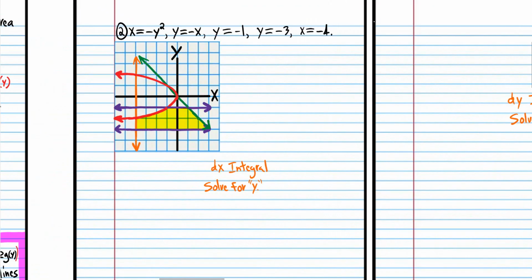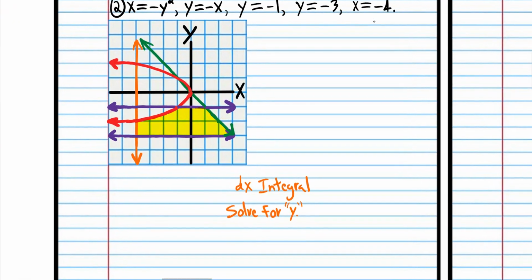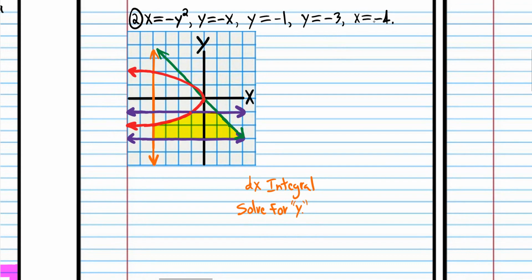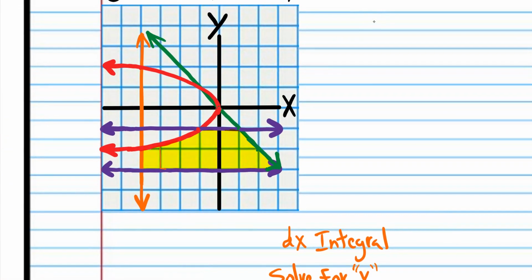So now let's try one more of these before you try one on your own. So we want to find this area, this yellow area here, enclosed by all these graphs. And when we use a dx integral, our rectangles are going to look like this.